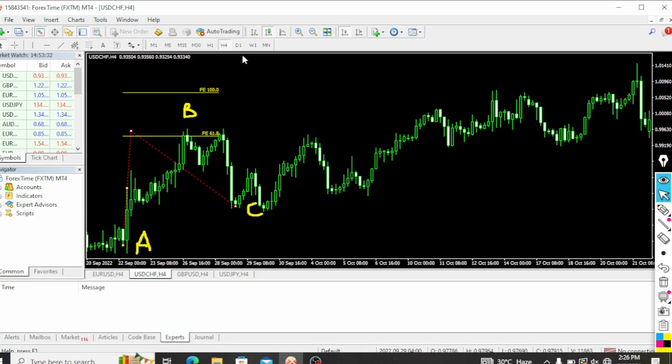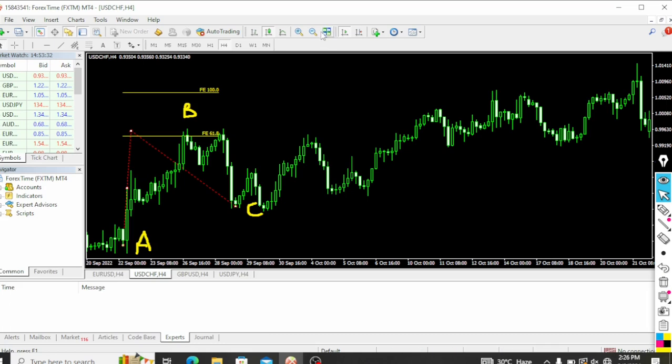If I move it a little, you will be able to see it is further up. Just this line is hiding it. If you minimize your chart, you'll be seeing 161.8. It's going to be around here. All right. But I just want to show you that the main purpose of this instrument is just to take your profit, to estimate your profit.